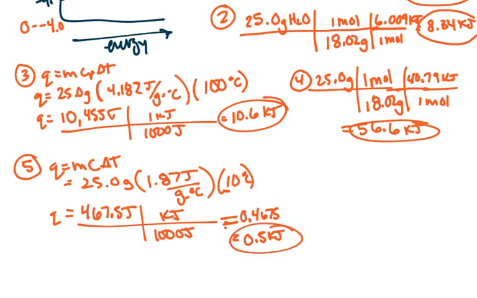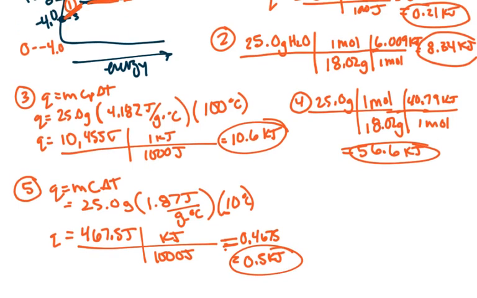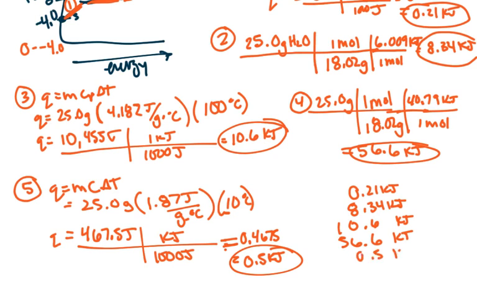So now I'm going to take all of those answers and add them together. My answer from number 1 was 0.21 kilojoules. My answer from number 2 was 8.34 kilojoules. My answer from 3 was 10.6 kilojoules. My answer from number 4 was 56.6 kilojoules, and then my answer from 5 was 0.5 kilojoules.